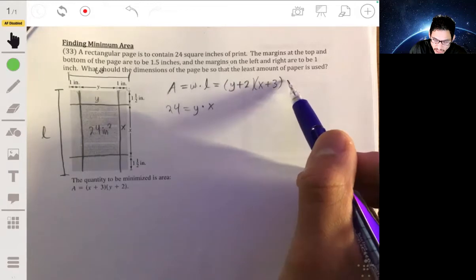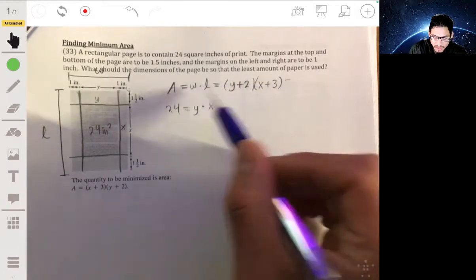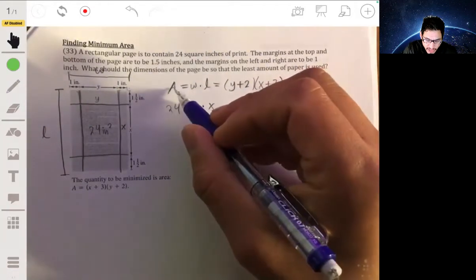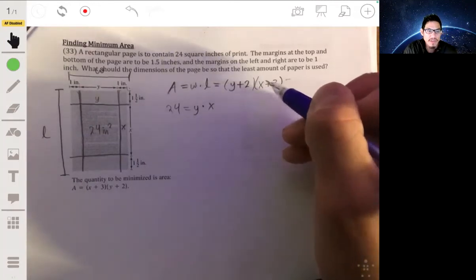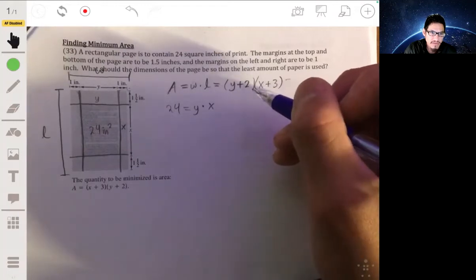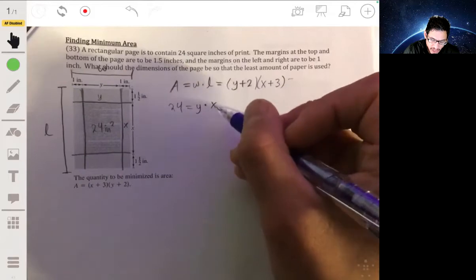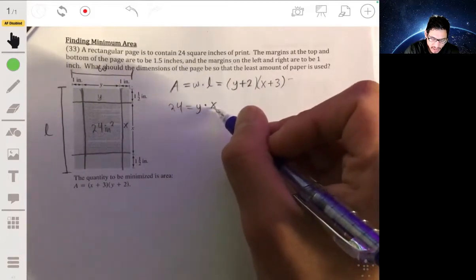Now, the problem right now is that we have two variables for the area. We're only dealing with one-variable calculus up to now, so we need to write the area in terms of just y or just x. So let's make it in terms of x, just because we're used to having a function of x. For that, we're going to use our other equation where we have 24 equals y times x.